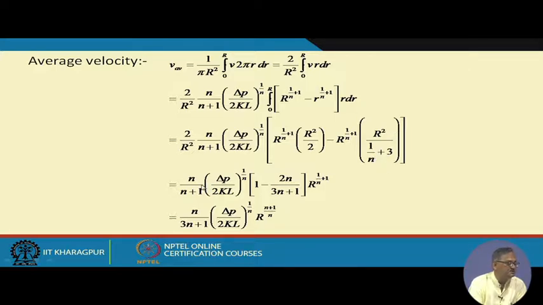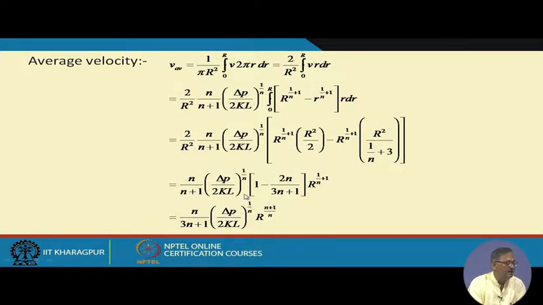So, on simplification this becomes n by n plus 1 into (delta p by 2 k L) to the power 1 by n into 1 minus 2n by 3n plus 1, into r to the power 1 by n plus 1. So, that becomes n by 3n plus 1 into (delta p by 2 k L) whole to the power 1 by n, into r to the power n plus 1 by n, right.